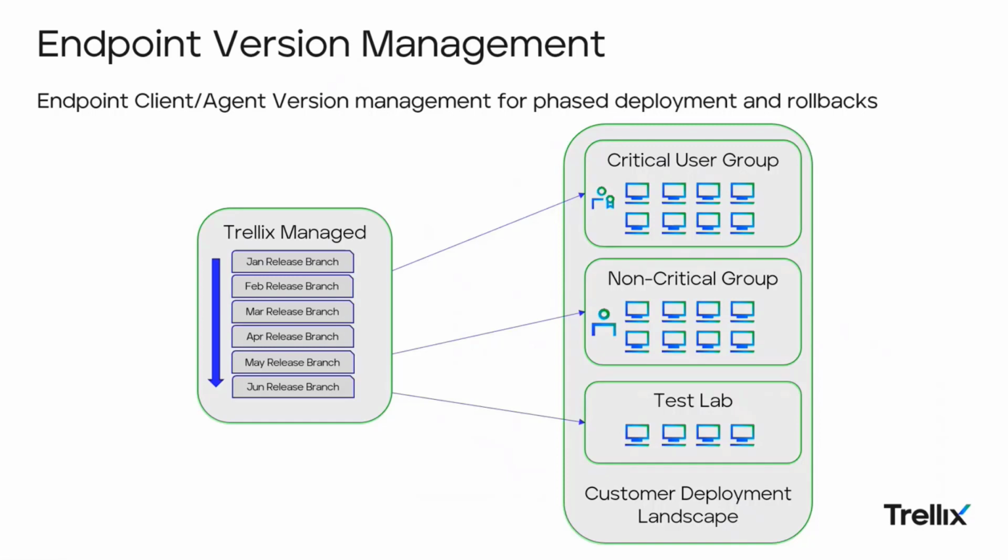The on-prem world also allowed managing the server-side capabilities, but the server-side capabilities is something that is now owned and managed by Trellix, so you don't have to worry about that. And that is the reason we've simplified it. Now we give you branches month over month for the last 12 months, and you can say that this particular branch points to the critical user group.